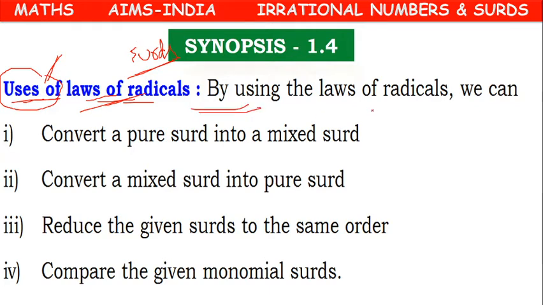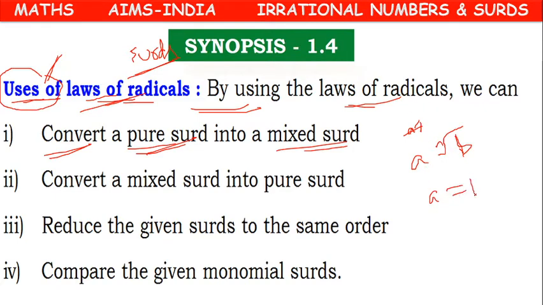So by using the laws of radicals, we can convert a pure surd into a mixed surd. What is a pure surd? A surd which is in the form of a into nth root of b, where a value is 1, means multiple.